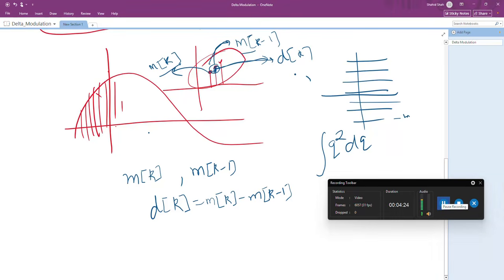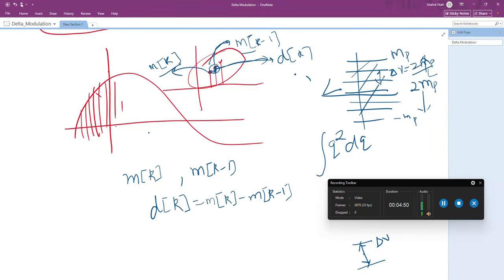Since we are assuming the minimum amplitude is minus mp and the maximum is mp, the difference is 2 mp, and we are dividing it into L different levels. So the width is delta V equal to 2 mp divided by L. And the error we computed by taking the midpoint analysis. So if this is delta V, to compute the error we will integrate from minus delta V by 2 to delta V by 2.